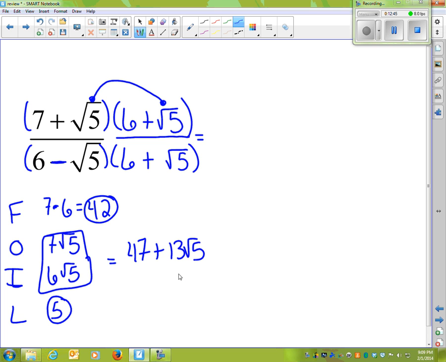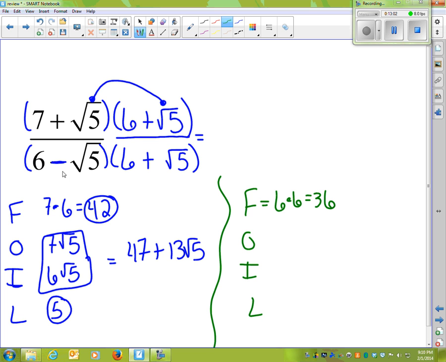Let's do this now for the denominator. Write out my FOIL. 6 times 6 is 36. The outside would be positive 6 radical 5. The inside, there's that negative 6 radical 5.